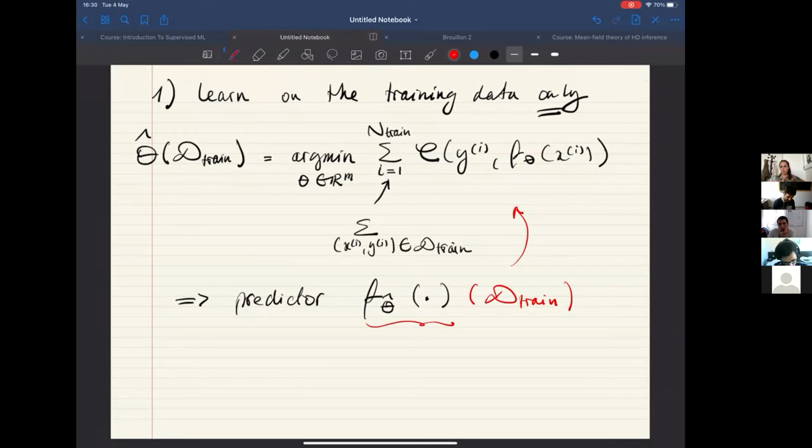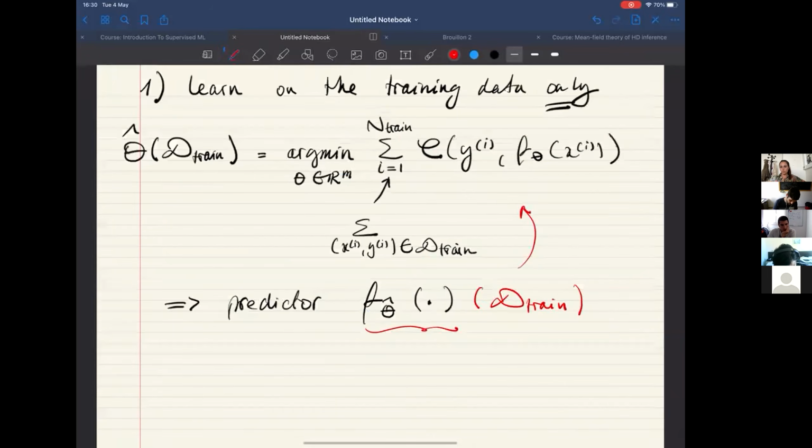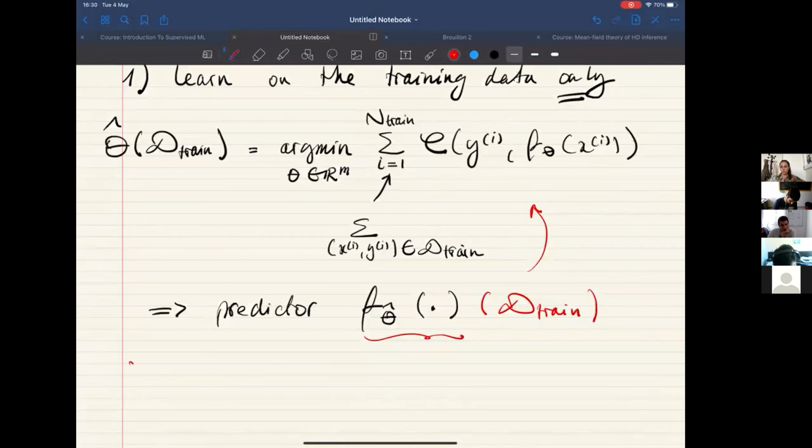And once you have this predictor, let's say I give you a new data point that was not in the training set, that was not used to train the model, then you can predict what should be the associated label, the associated output according to your model. So you want a prediction of the associated output.